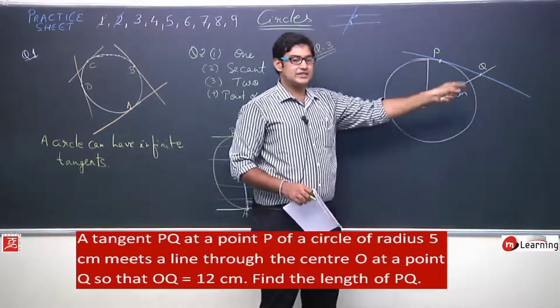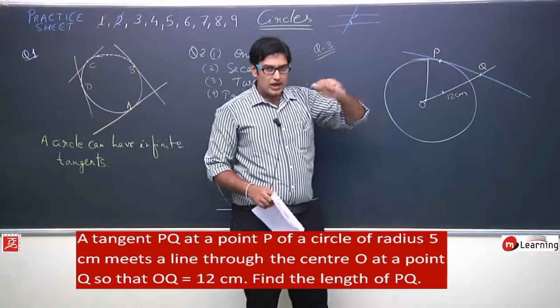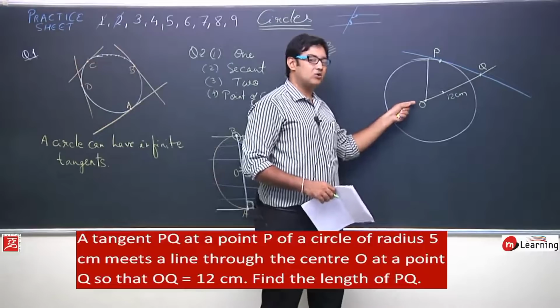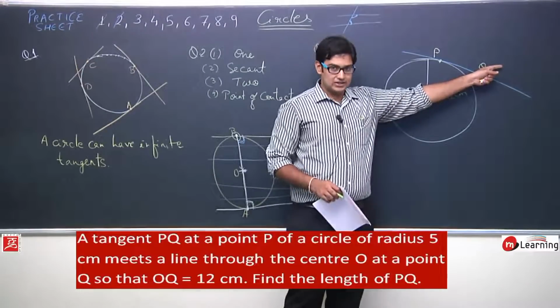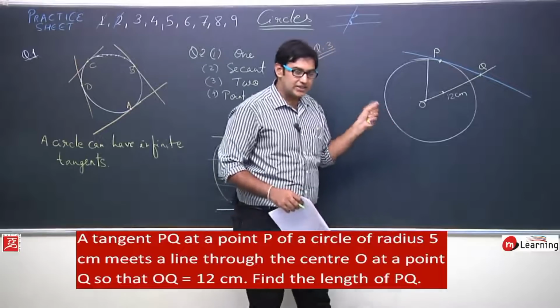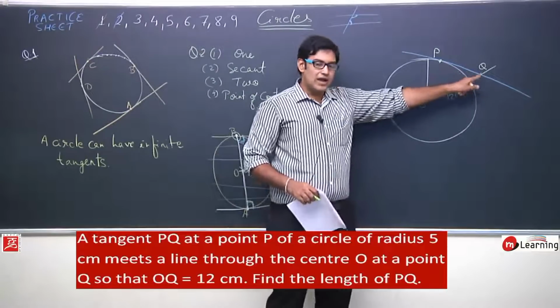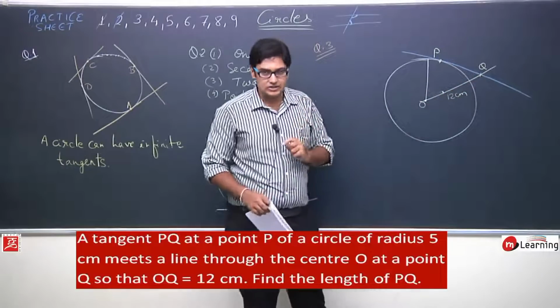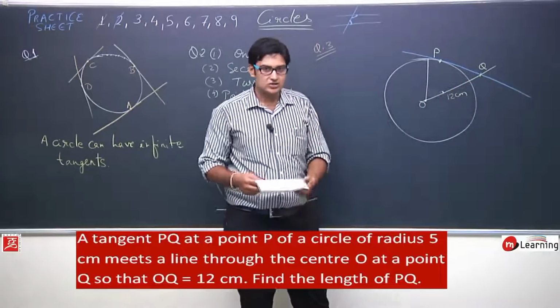After this, I have drawn a line from the center O to this tangent such that this line intersects the tangent at point Q, and the length of OQ is 12 centimeters. This is what is given in the question.